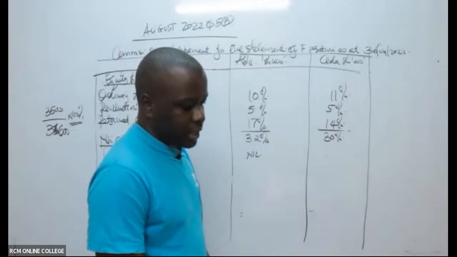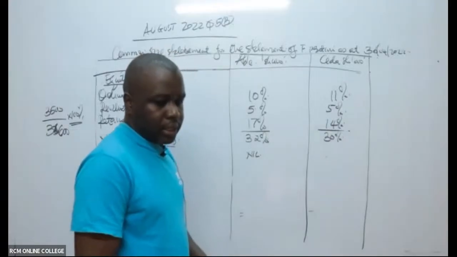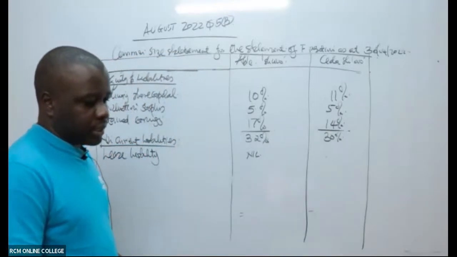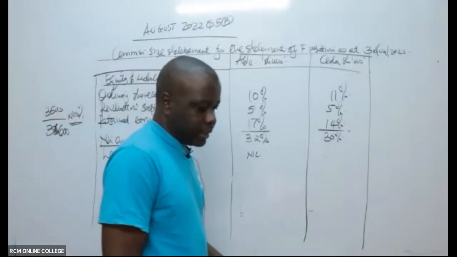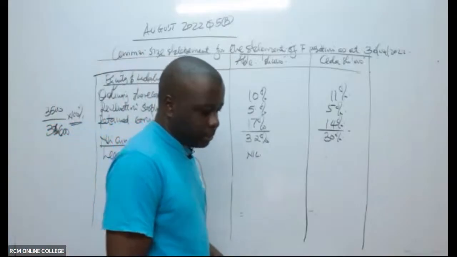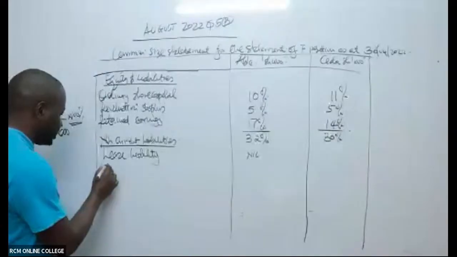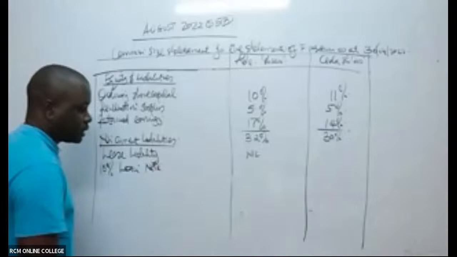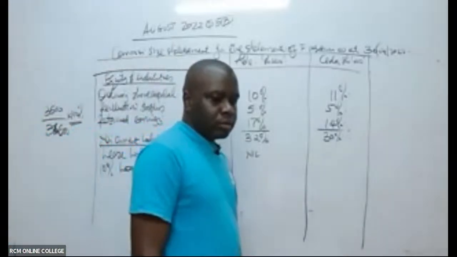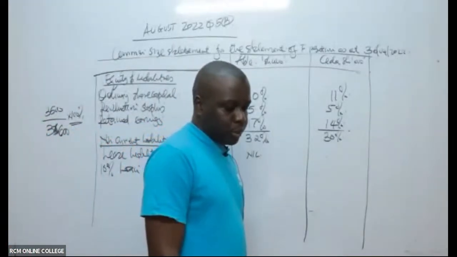But what about now for the other company? The next item is the 10% loan note. So 22.1%.